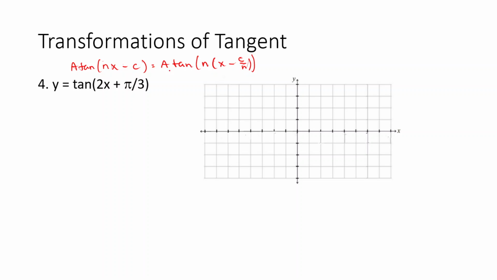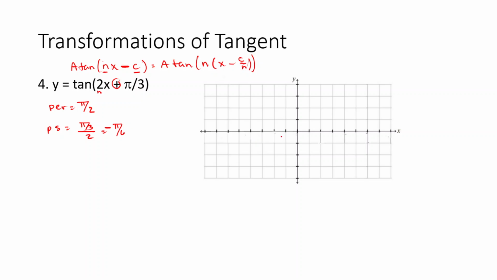So my phase shift ends up being the quotient of c divided by n. So for this problem, my period is pi over 2, because n is 2. My phase shift is going to be pi/3 divided by 2, which is pi/6. And the plus, I need it to be minus c. So the plus means I'm going to the left.